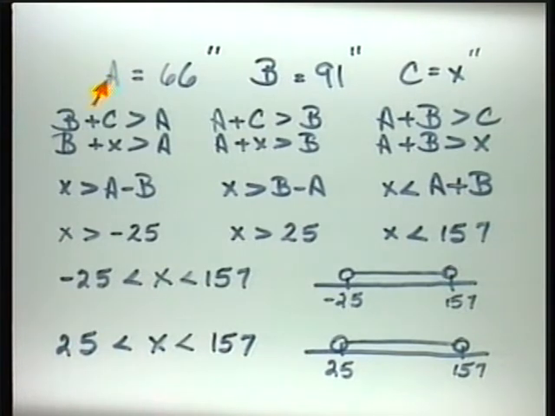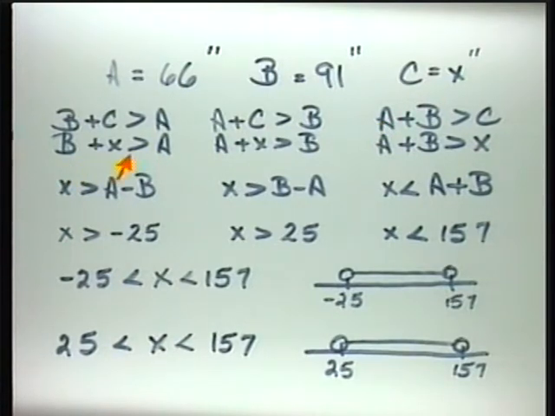Hence, from our previous triangles, we can see having B plus C greater than A, A plus C greater than B, and A plus B greater than C. From the data we previously collected, I'll substitute in the height of the student for A, the length of the student's shadow for B. Since we're solving for C, we'll use X to represent that.